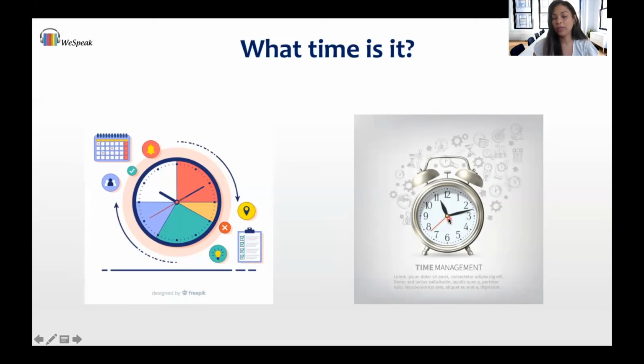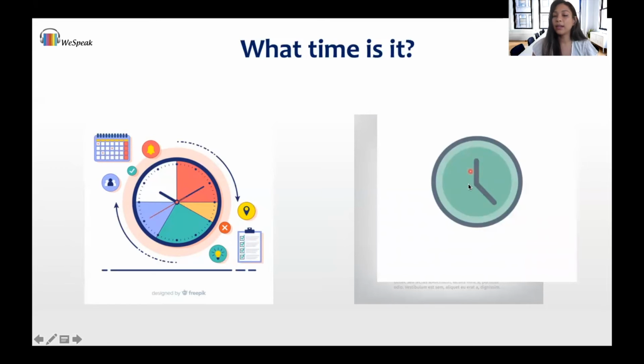What about here? What time is it? It's 12 or 13? 13. It's 13 past 11, or it's 11:13.